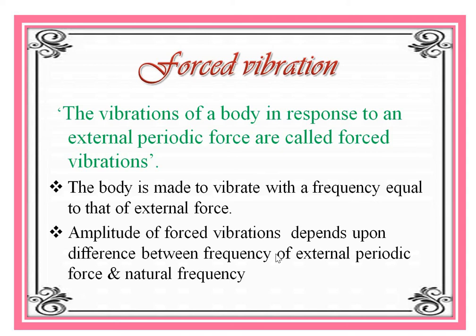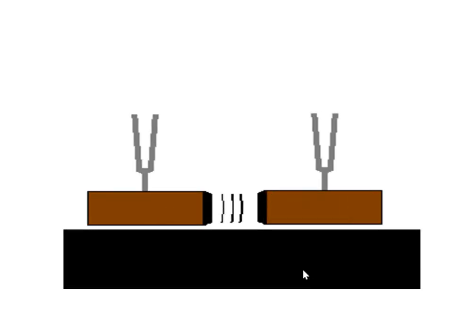The amplitude of forced vibration depends upon the difference between the frequency of the external periodic force and its natural frequency. So in forced vibration, the external periodic force plays the major role. See this diagram: vibrations produced by tuning forks of two different frequencies are different, as they are forced vibrations.